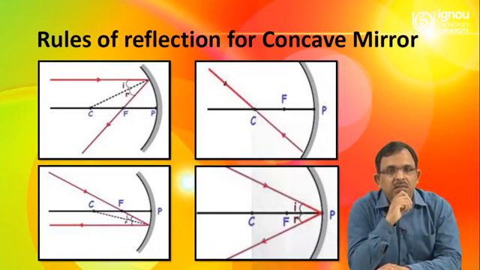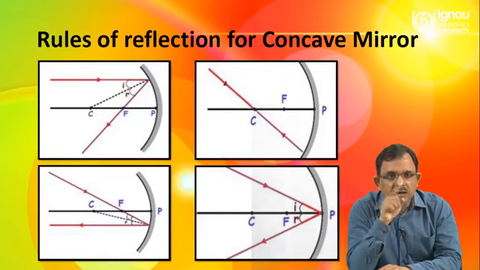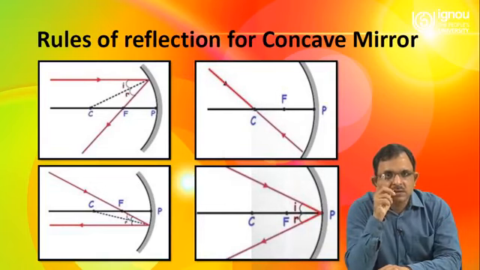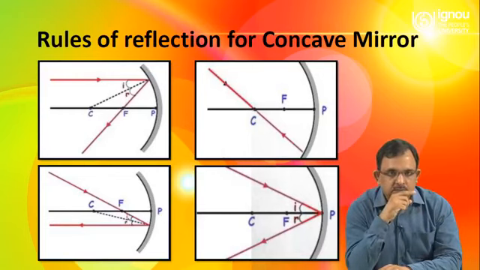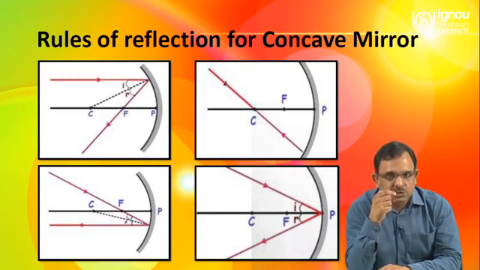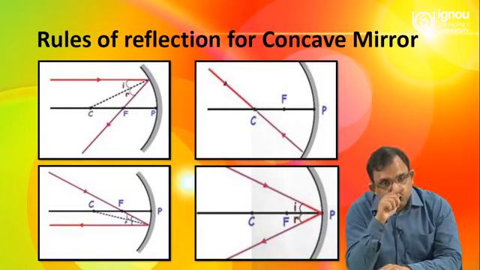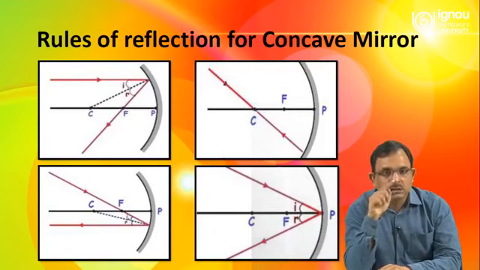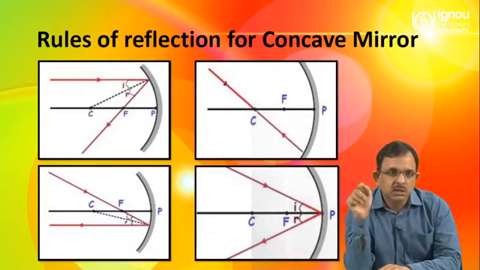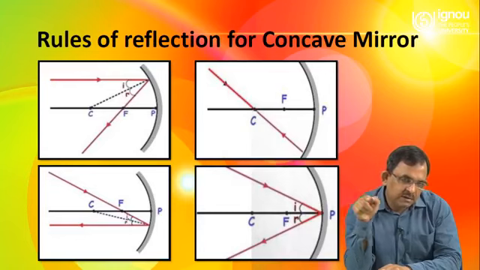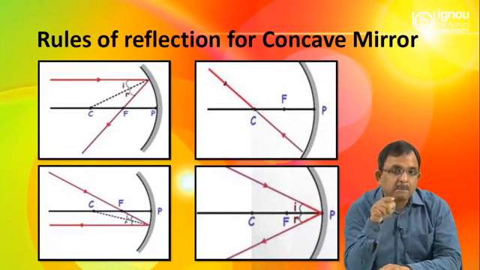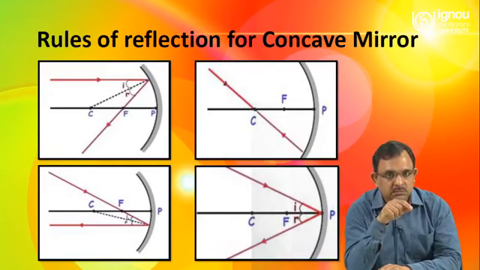Here you can see, in example picture 1, a ray is coming parallel to the principal axis, and after reflection it is going through the focus. The image just below that is also showing the same. Similarly, if the incident ray is coming through the focus, it is reflected back parallel to the principal axis.